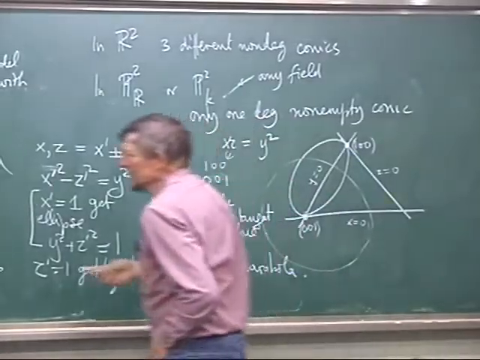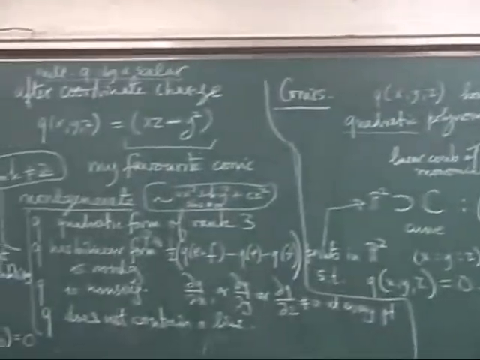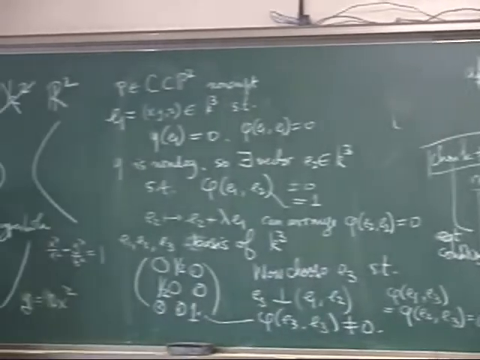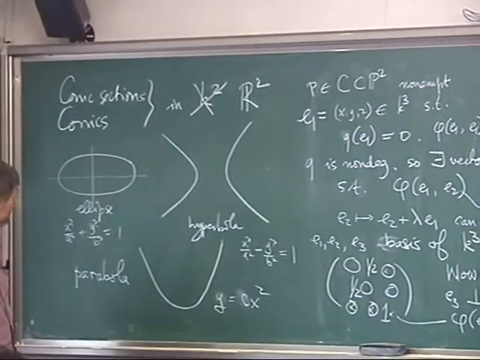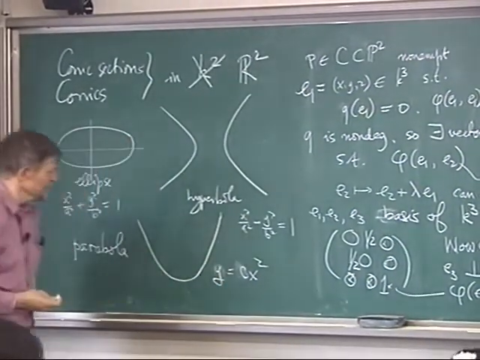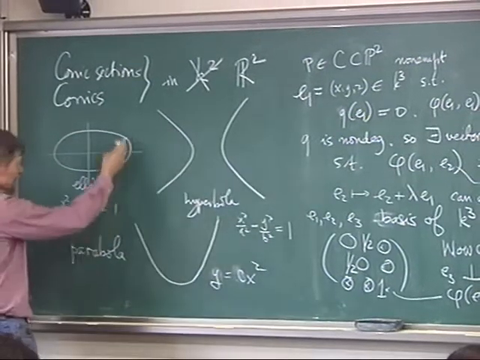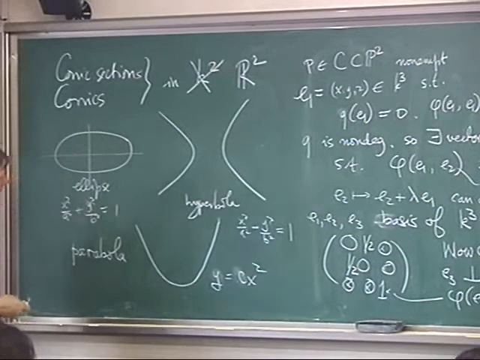So what's going on here? What's the difference between these pictures? They are really very substantially different, aren't they? They're all given by quadratic equations. That's one thing they have in common. But this one is bounded. This one is just a circle. It stays in a little part of the plane.